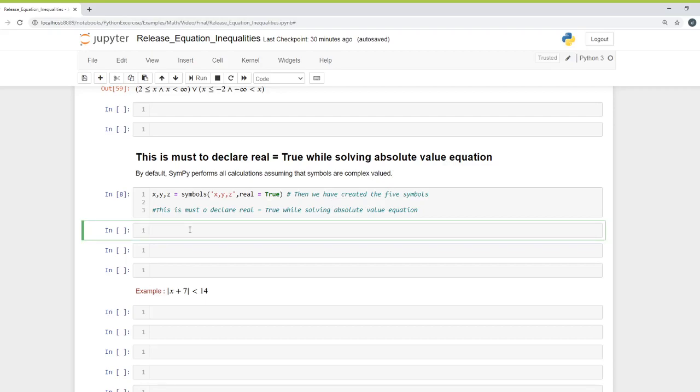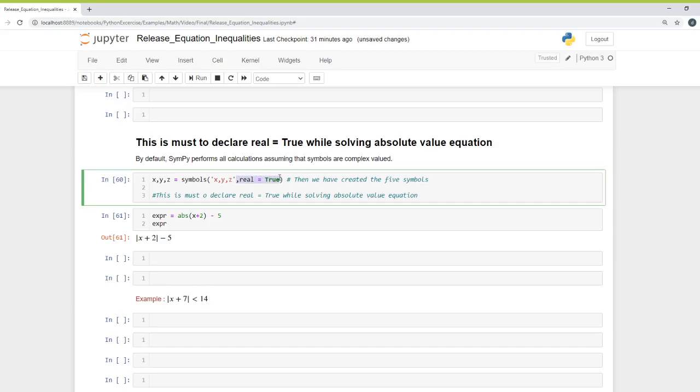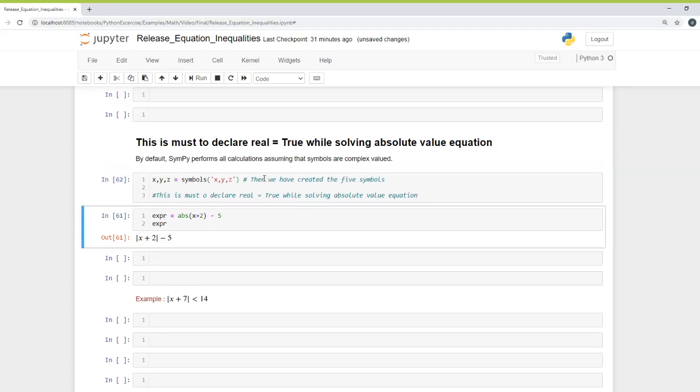For example, expr is equal to, to create an absolute value equation, we call the Abs function: Abs of x plus 2, minus 5. If we do not set real is true, then what happened?